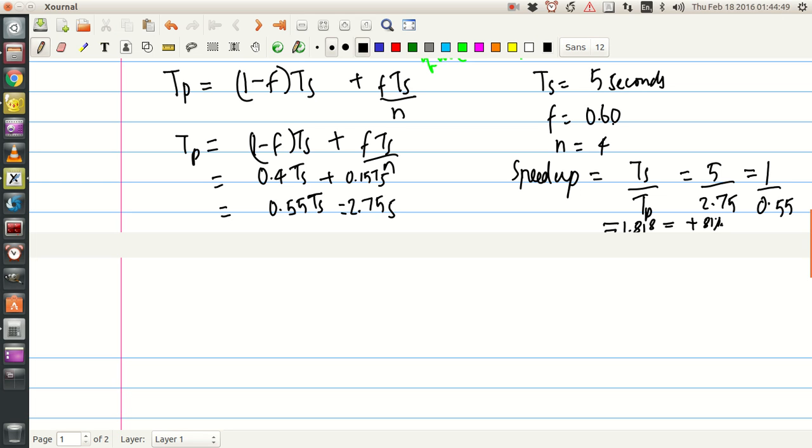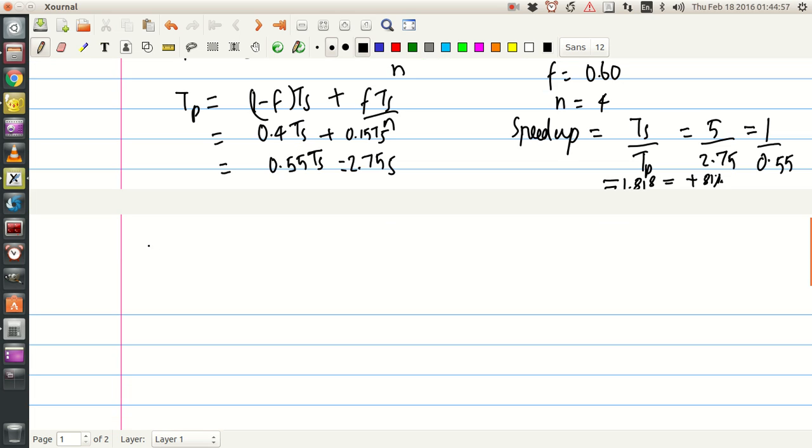Now this is when f is 60% and your n is 4. Now let's do the same case for a different value. ts is 5 seconds, f is again 0.60, and now let's put n equals 10.